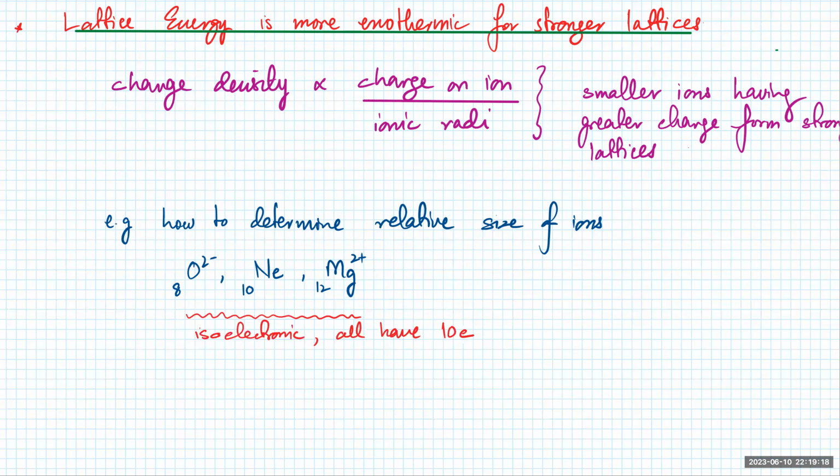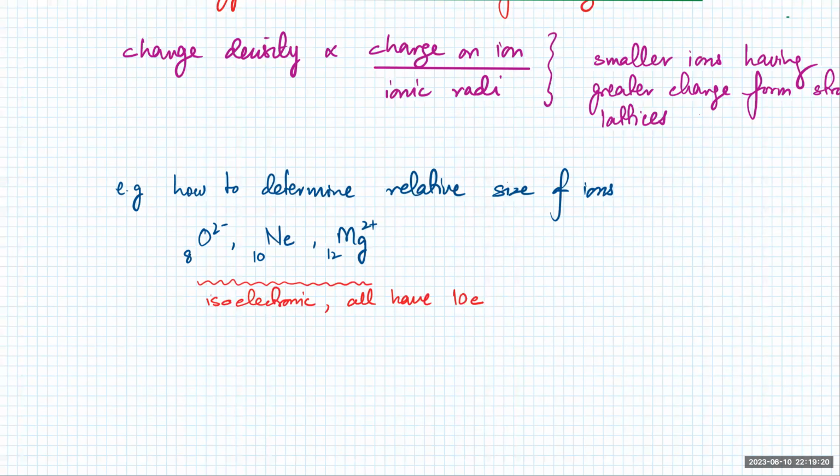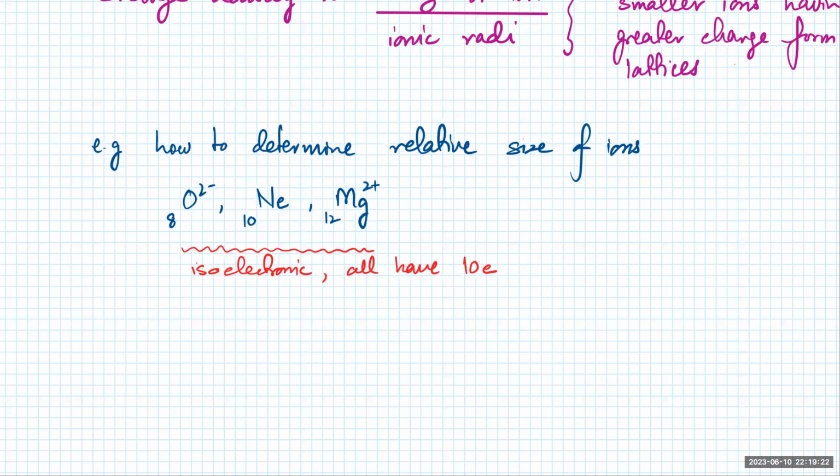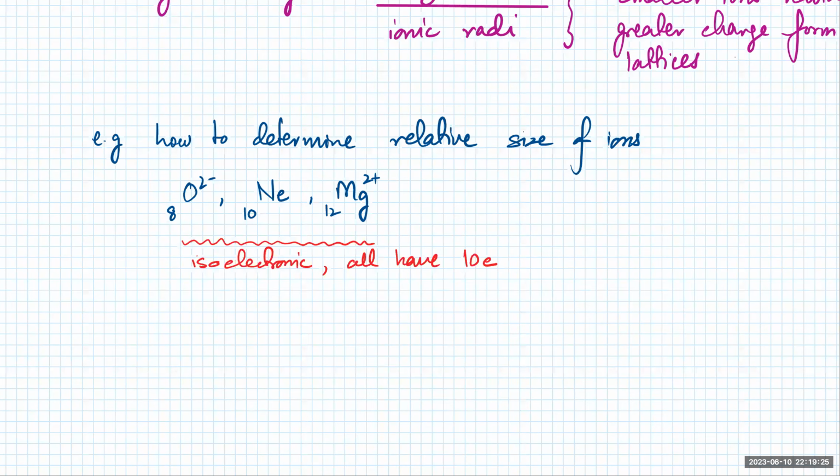So now tell me which one is the biggest and which is the smallest. You look at the protons because the electronic configuration is exactly the same. So Mg has the most protons, hence it is going to be the smallest.